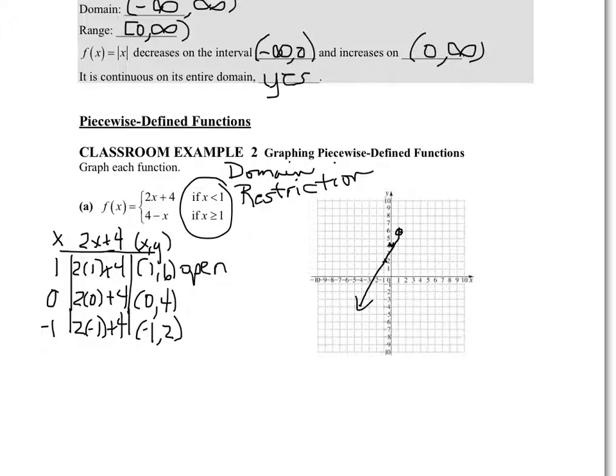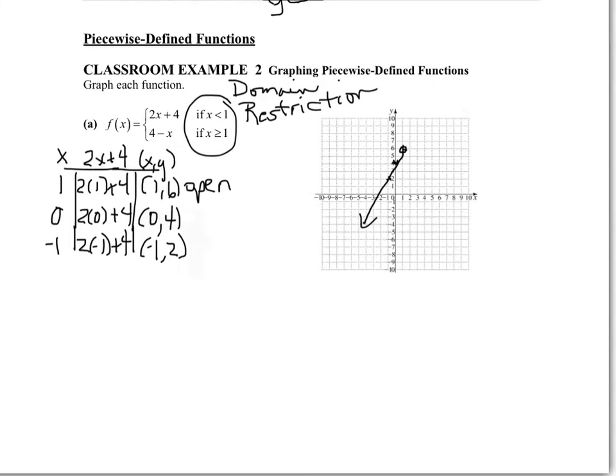I still have to come up with the points that I need to graph the bottom part of this piecewise function. So it's time to make another table. This time, I'm plugging into 4 minus x in order to find my ordered pairs. And according to my domain restriction, my x's should be greater than or equal to 1.